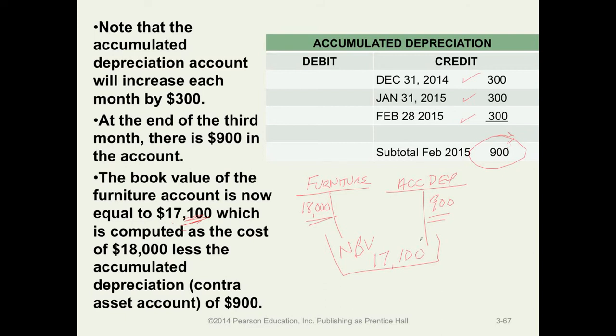The net book value, or book value, net asset value, whatever you'd like to call it, is the cost, the historical cost of 18,000 minus the accumulated depreciation of 900. So the net book value is $17,100, and this appears on the balance sheet. And don't forget that this is one unit. We cannot separate the contra account from the historical cost of the asset.